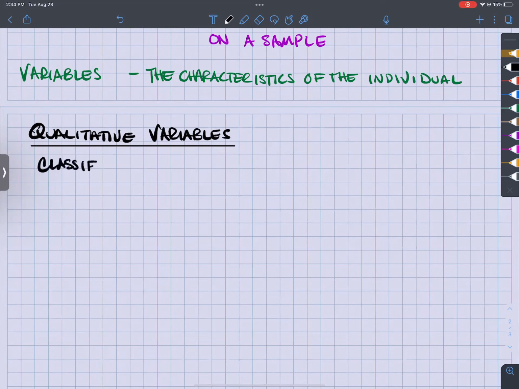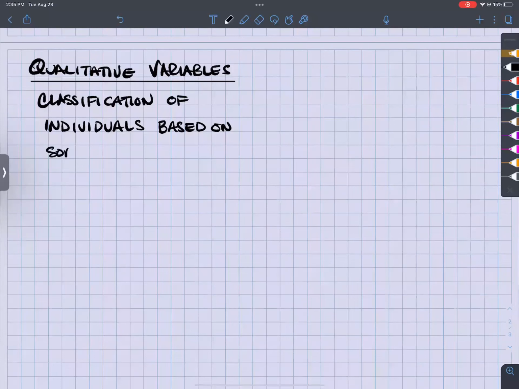It's a classification of individuals based on some attribute. It's quantitative.